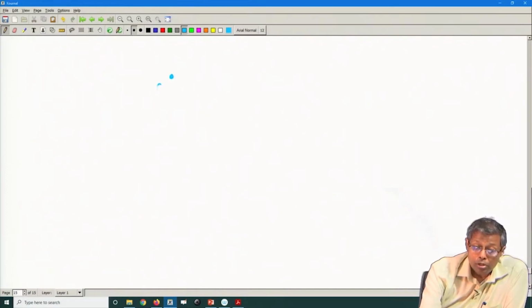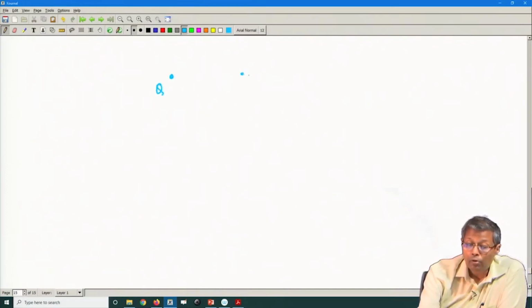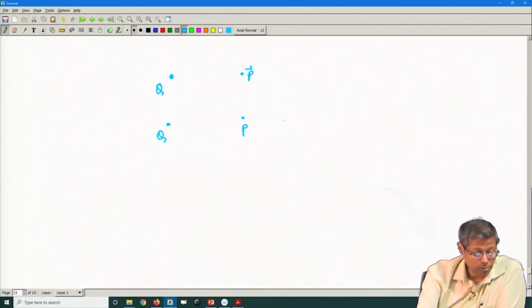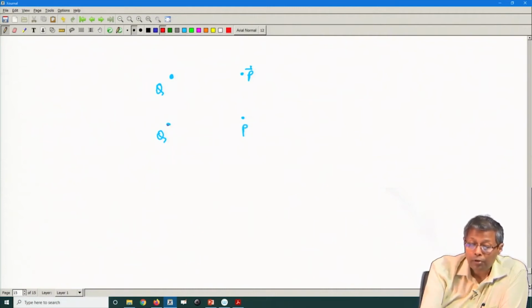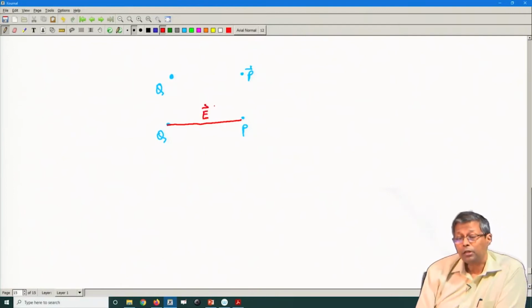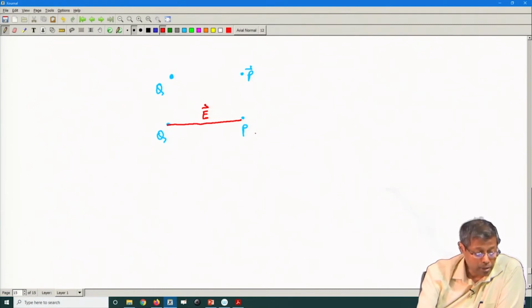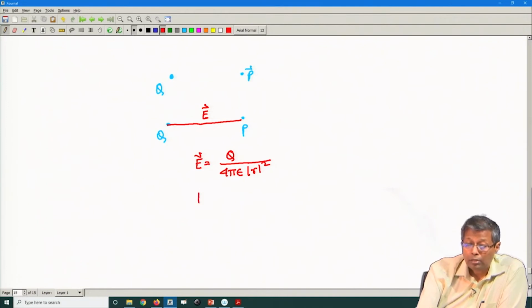Given a point source Q and given an observation point P, the electric field at P due to the point charge Q is given simply by E equal to Q by 4 pi epsilon r square, along the r vector.